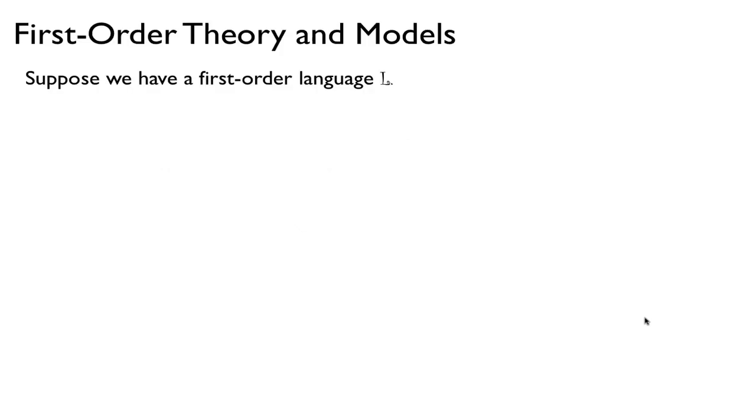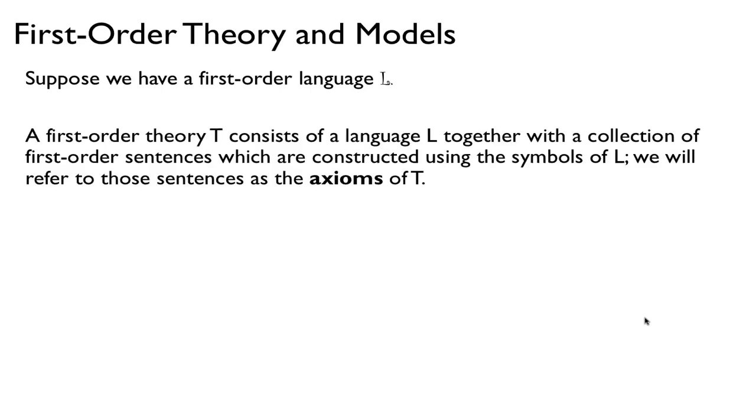So a few lectures ago, we talked about first-order language. Suppose we have a first-order language L. A first-order theory T consists of a language L together with a collection of first-order sentences, which are constructed using the symbols of L, and we'll refer to these sentences as axioms of T. Essentially these axioms are first-order sentences that we just assume to be true.